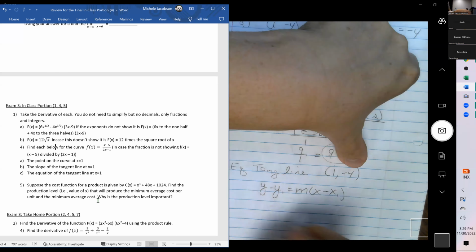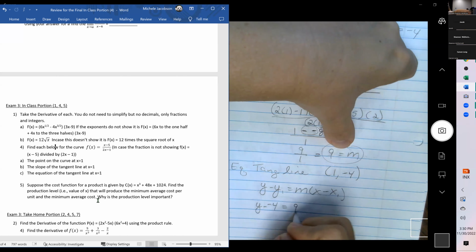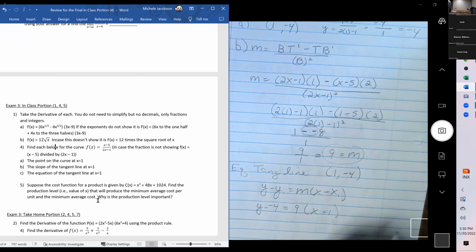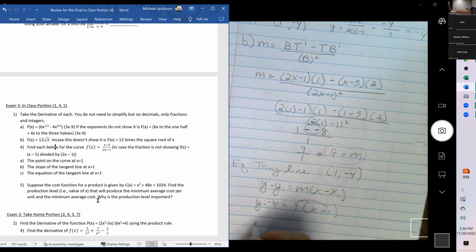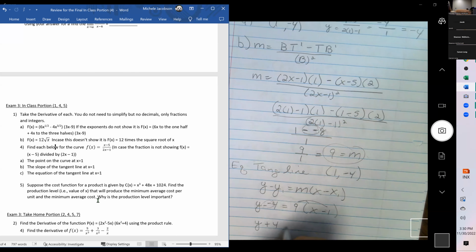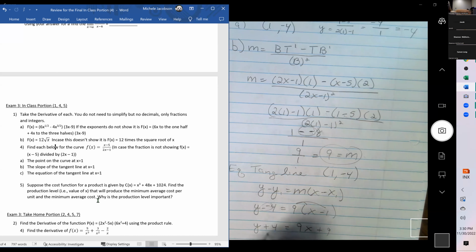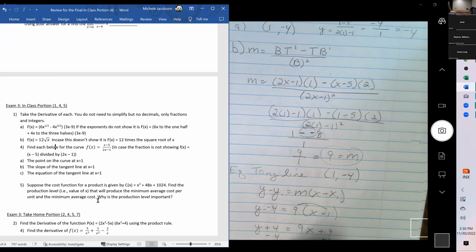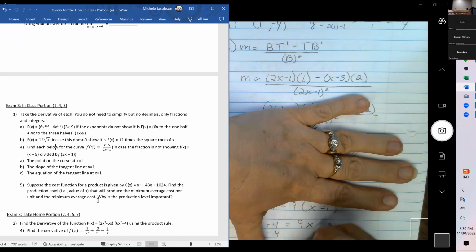Plugging them in: y minus a negative 4, the slope is 9 times x minus 1. Also a negative and a negative makes it y plus 4.